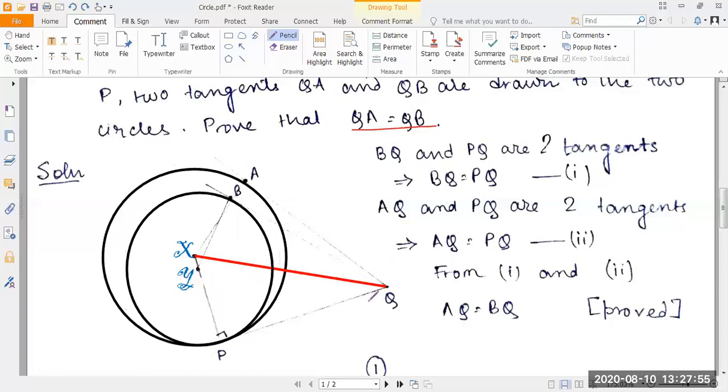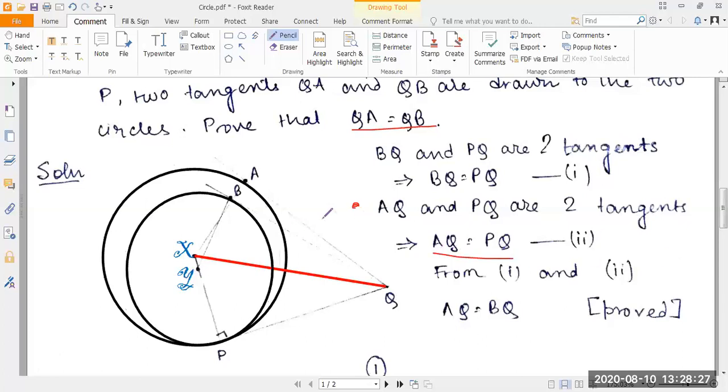For the bigger circle with the center at X, AQ is equal to PQ because they are both tangents to the bigger circle drawn from an external point Q. So that is the second equation that I've mentioned here.